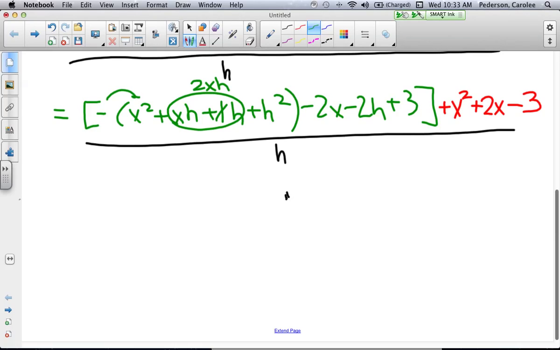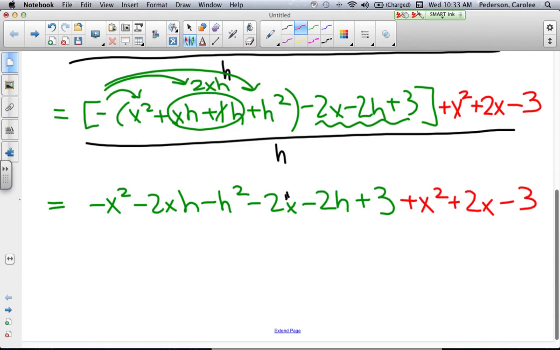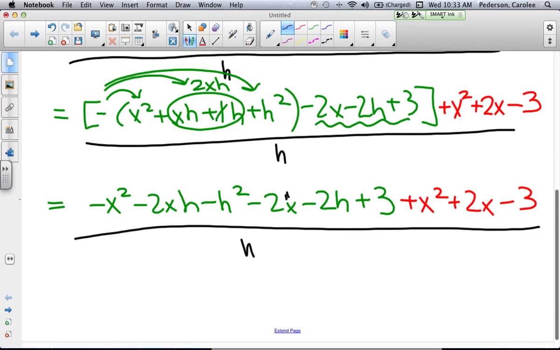Now we distribute the negative through to all the terms. So we get negative x squared, negative 2xh, and then negative h squared. And then we still have over here the negative 2x, the negative 2h, and then the plus 3. And then in the red, we have x squared plus 2x minus 3. All over h.